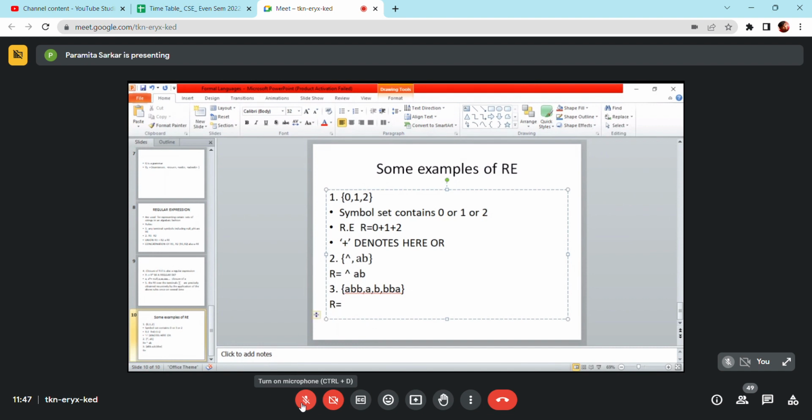That means ABB plus A plus B plus BBA. Without the null symbol we can take any one. Or is denoted by plus. So now we come to another example.